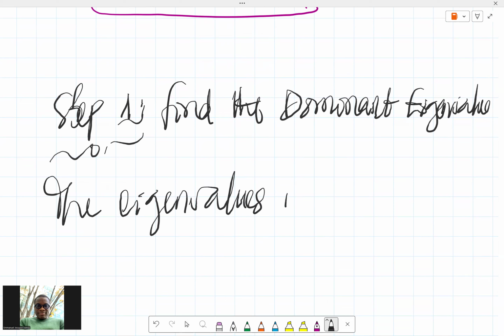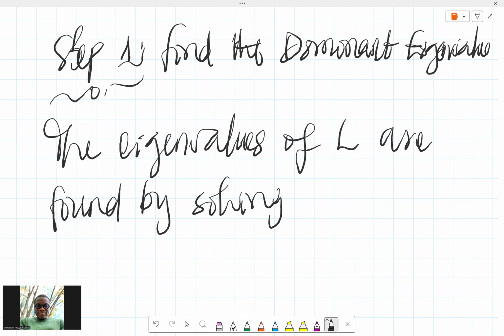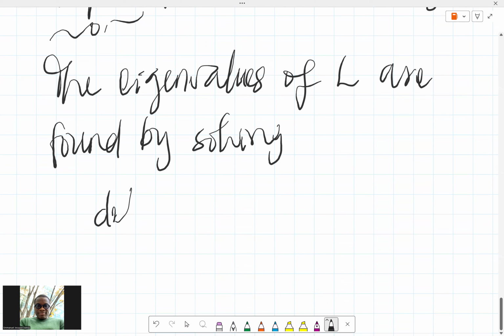The eigenvalues of L are found, so that's for the Leslie matrix. They are found by solving, of course, we all know how to find eigenvalues, the determinant of L minus lambda I, where the lambdas are the eigenvalues, equals 0.